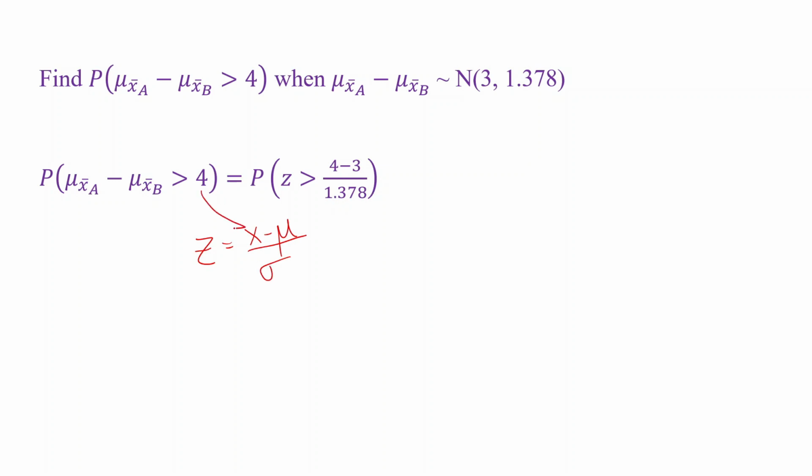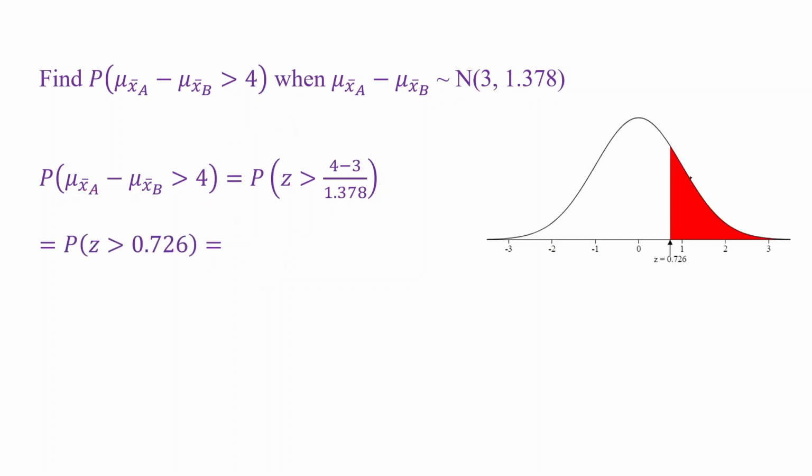So we take our x value, our mean is 3, and our standard deviation is 1.378. So by standardizing and putting it into a z-score, we change this alphabet soup into just a z. Okay, we solve that, and we get a z-score of 0.726.